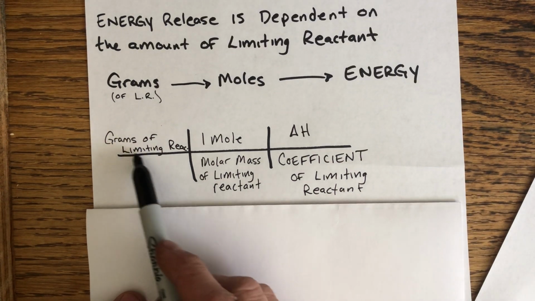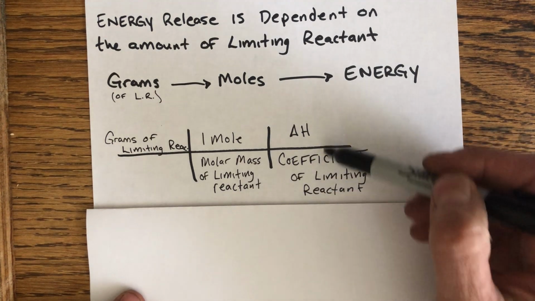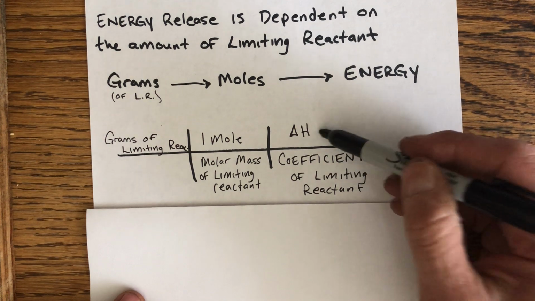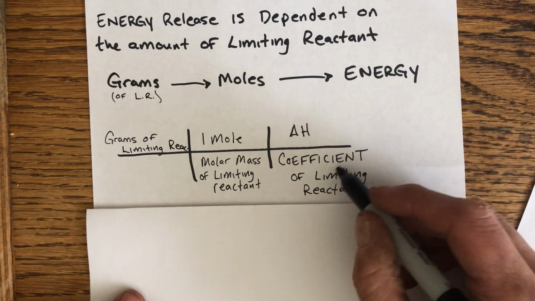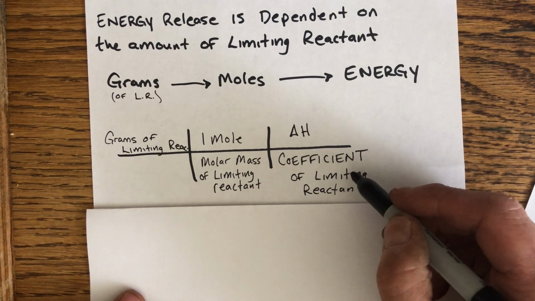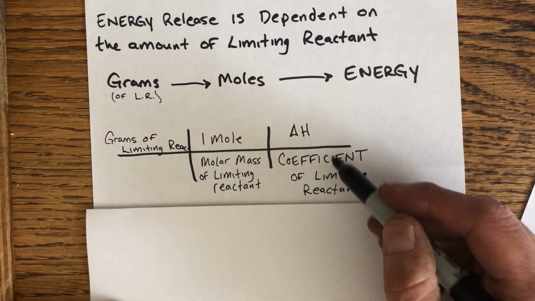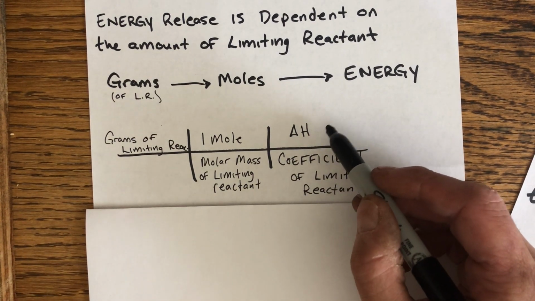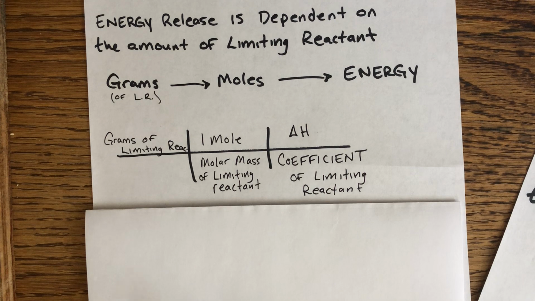You start with your grams of limiting reactant right here, the molar mass of the limiting reactant down here, and then this portion is the energy-to-mole ratio, where we use the coefficient of the limiting reactant, which is going to be 1 in this example, but it doesn't have to be. You have to look back to the balanced equation to see what number this is going to be. And then the delta H value goes up here. Don't make the mistake of using a negative number here.